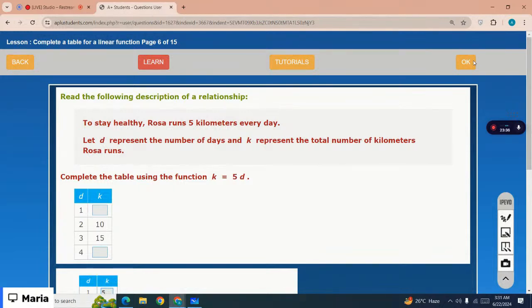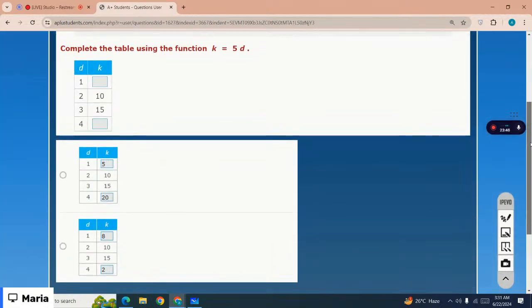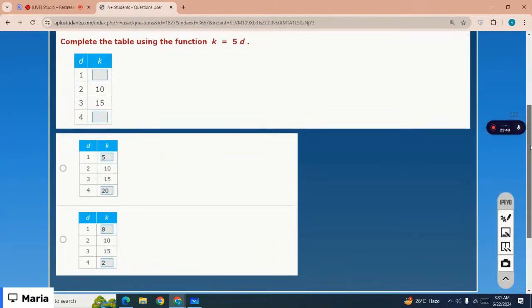Complete the table using the function k equals 5d. So which is the correct option? We are given the function k equals 5d. You have to calculate the value of k when d equals 1 and d equals 4. So you substitute the value of d in the equation and calculate the value of k.